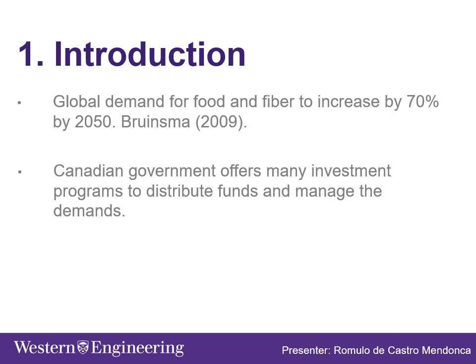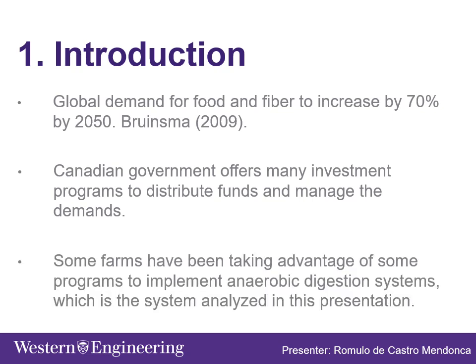Such programs allow the industry to better position itself through disease prevention, R&D boost, international branding support, international market diversification support, and adaptation to new international agreements. Some farmers have been taking advantage of some programs to implement anaerobic digestion systems, which is what we're going to analyze in this presentation.